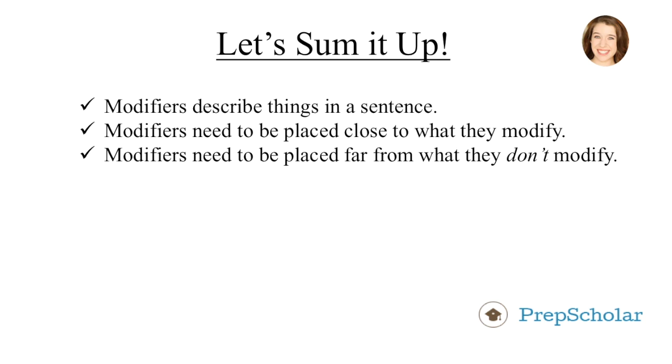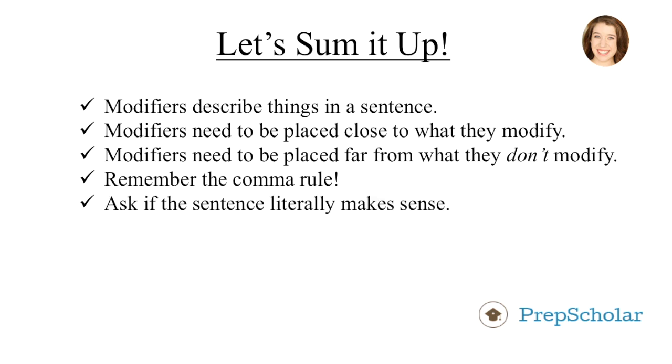That helps us avoid any confusion in how a sentence is worded. Remember our comma rule. Whenever we have a modifying clause that ends with a comma, the thing that comes right after that comma has to be the thing described by the modifying clause. Ask yourself, does the sentence literally make sense, especially with the comma rule, to make sure that you're being as clear as possible in your modifier usage?